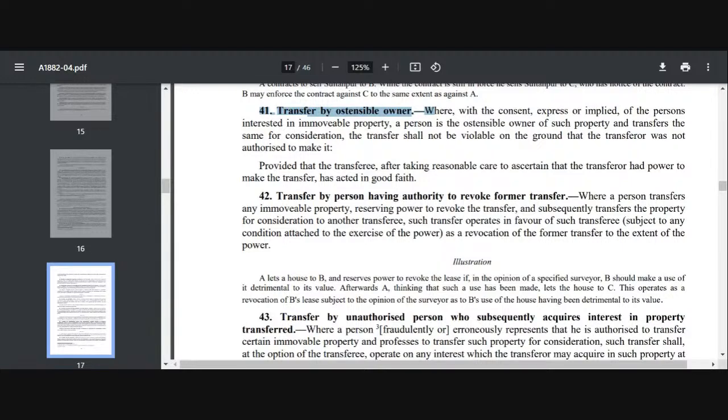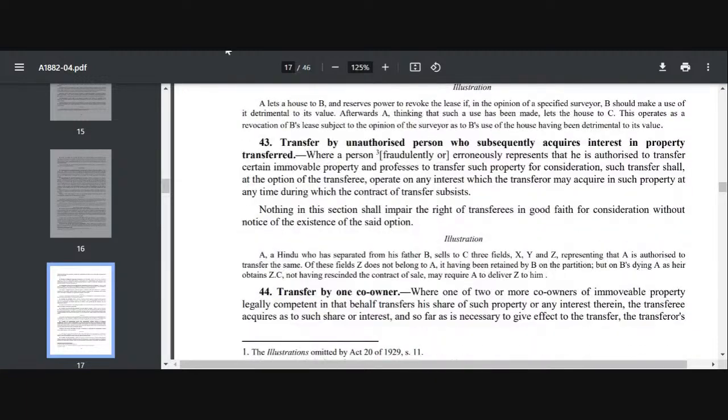Now come to section 43. Section 43 talks about feeding the grant by estoppel. It covers transfer by an unauthorized person. The transferor is an unauthorized person, right?